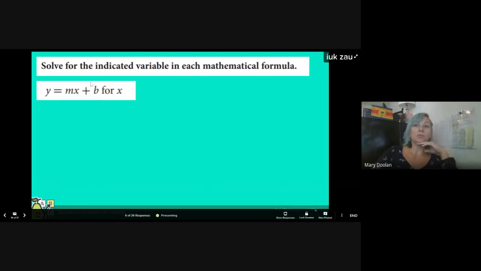First thing you'd have to do, because I'm trying to get x by itself, is I have to get this b out of here, right? It's plus b, and I want it to go away. So I need to use the inverse operation of addition.